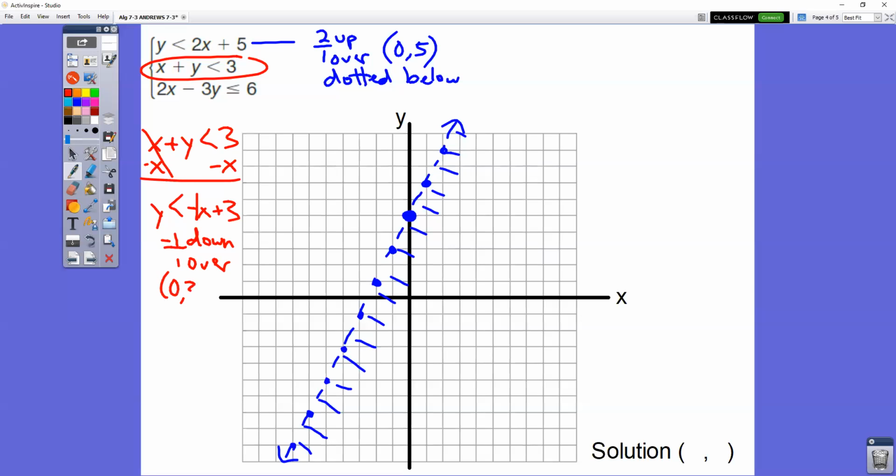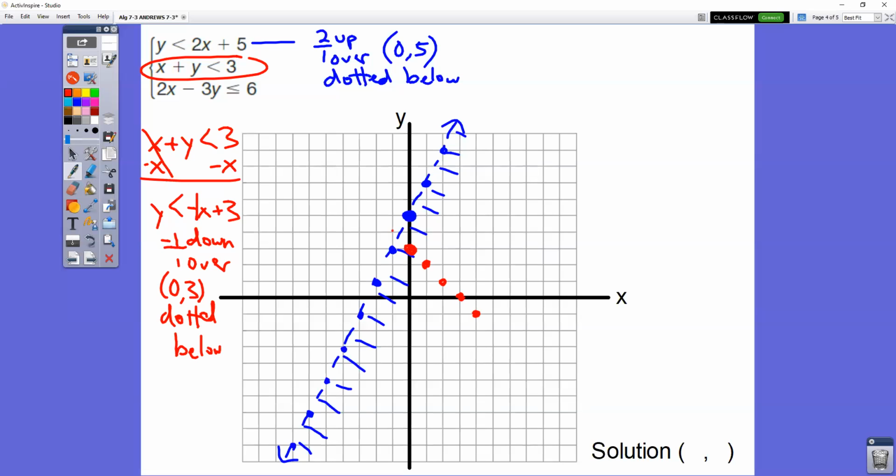And I'm going to start off at 0, 3. It's a less than symbol, so it's going to be a dotted line, and we are shading below. So 0, comma 3 is right here. I'm going down 1 over 1, down 1 over 1.